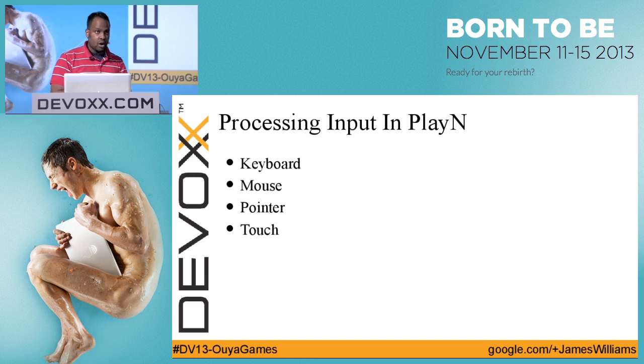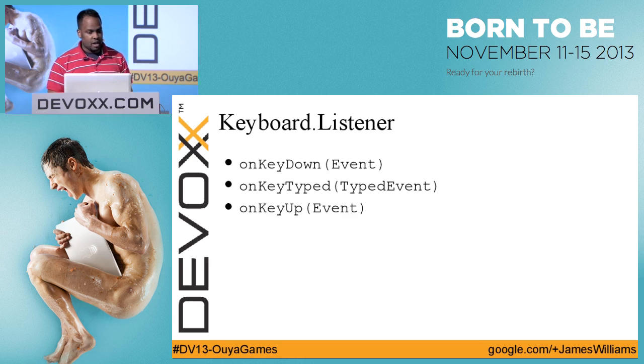So you can also process input in Playn. You would need to do that for a game library. Out of the box, it has the keyboard, mouse, pointer, and touch. Now, the keyboard is just your normal keyboard, but pointer corresponds to some mouse input and some touch things, but it doesn't do multi-touch or gestures.